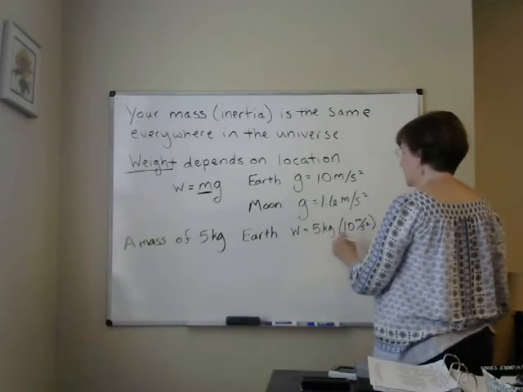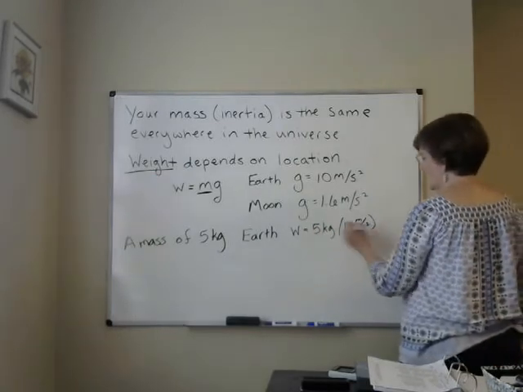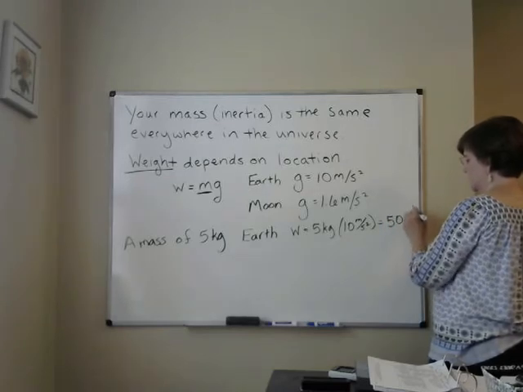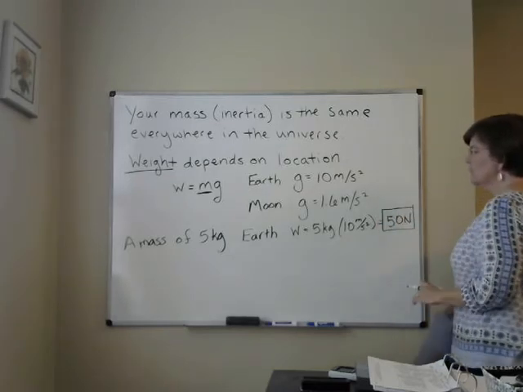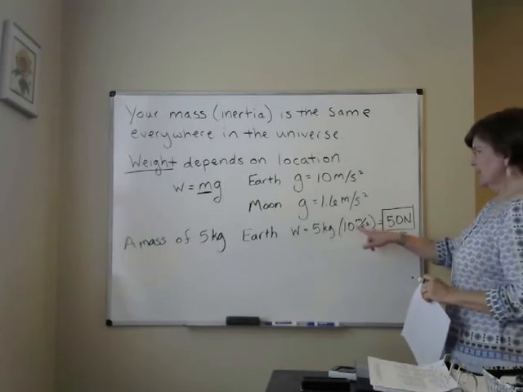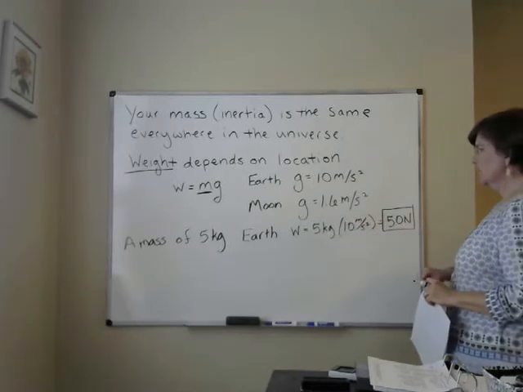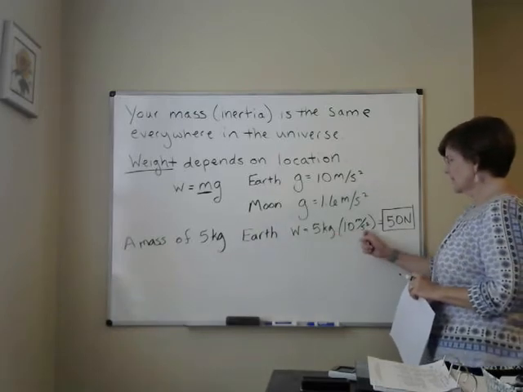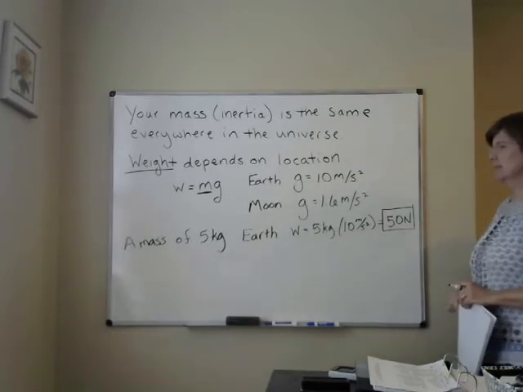If I'm on Earth, this object's going to weigh 50 newtons. You'll notice we get newtons. It's a combination of kilogram meters per second squared. As long as you're using the formula, you can trust that all of this gives us newtons.